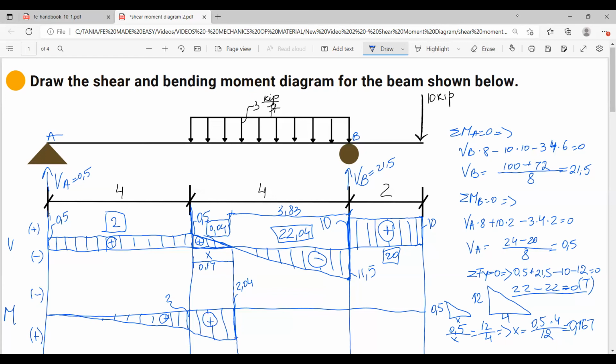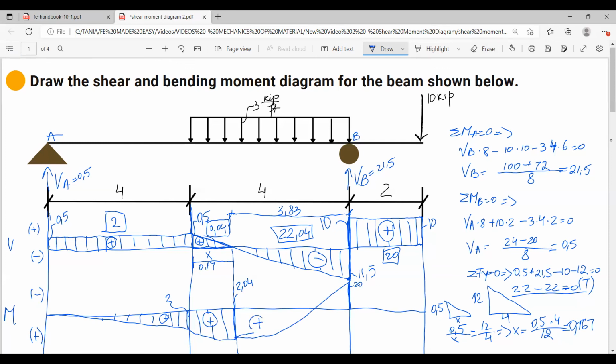And then from 2.04, look at this triangle here. It goes from a small value to a big value, meaning that I will have to go slow and then fast. I'm going to end up from 2.04 here at the value of 20, and it's going to look like this.